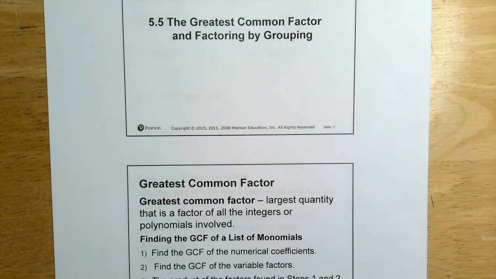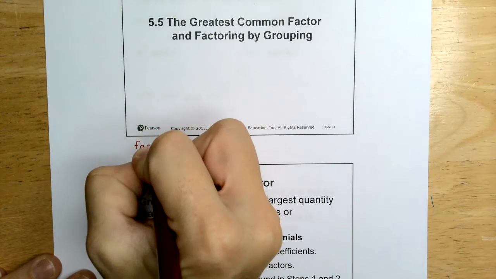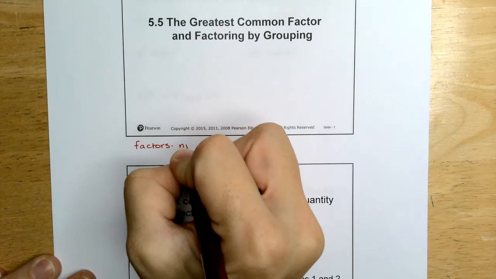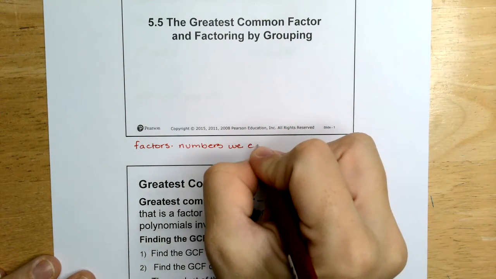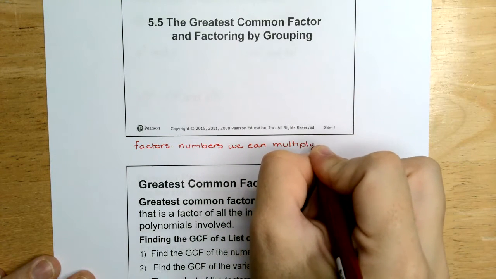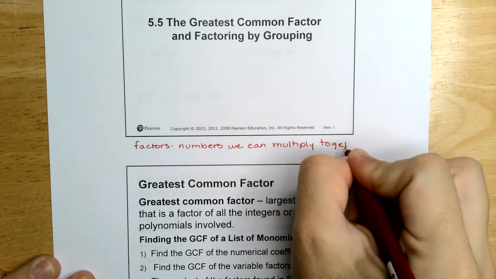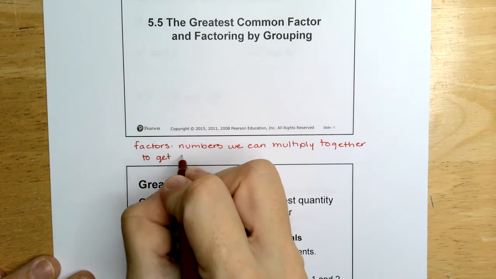A factor, or factors, are numbers we can multiply together to get another number.